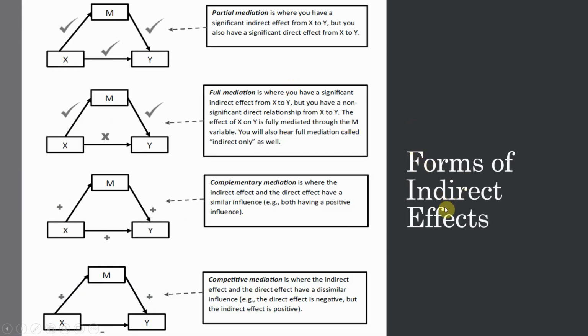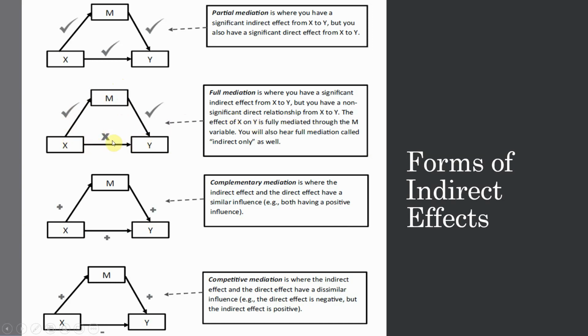Now there are different forms of mediation. There could be partial mediation, when some of the effect is passing through M and some of the effect is passing directly. That is, the indirect path from X to M and M to Y is significant, and the direct path here is also significant. So this is partial mediation. Full mediation is where you have a significant indirect effect from X to Y. That is, the impact of X on Y is passing through your variable M. However, your direct effect is insignificant.